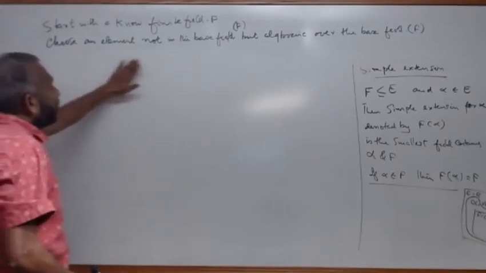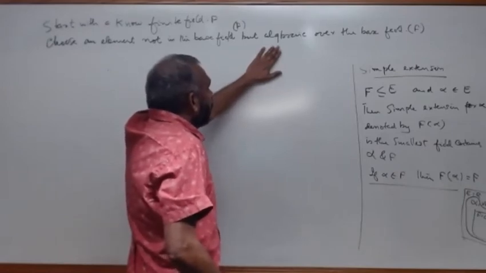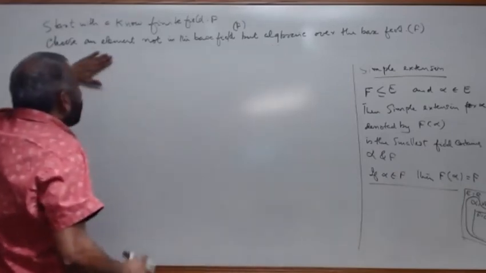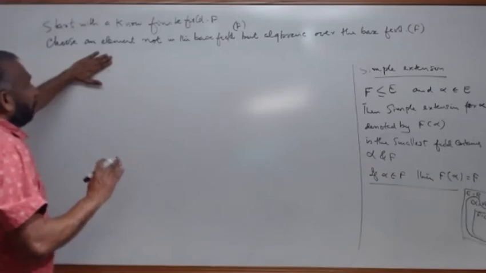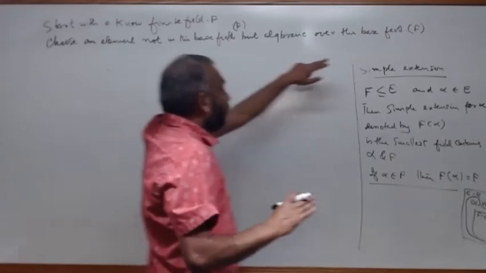When the element is algebraic, then there exists an irreducible polynomial over F[x].